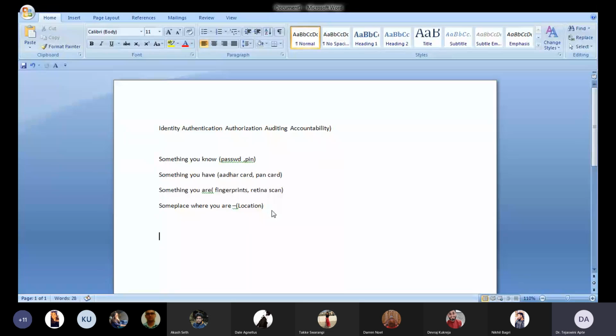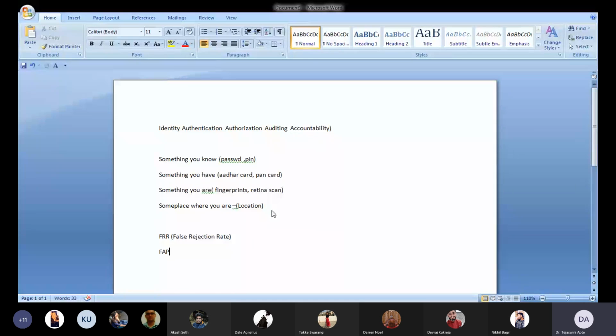So FRR is nothing but the false rejection rate. I think there were some dissertation projects about how exactly the machine is going to identify one particular person.